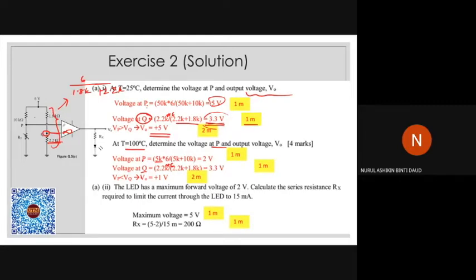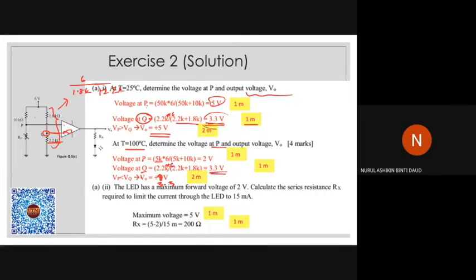So your output voltage will be positive. Sorry, why positive 1? Sorry, this is not 1. Positive 3.3, sorry, this is slightly wrong. Okay, positive 3.3 volts. You will take this value, yeah.